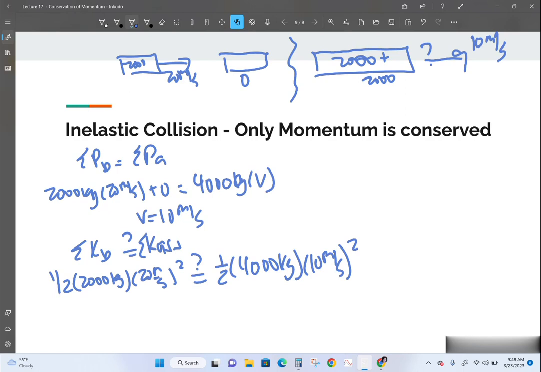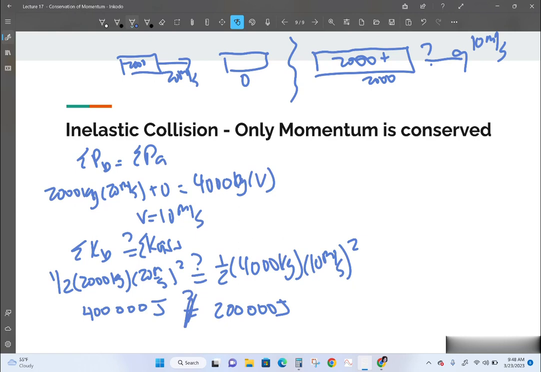If I do my math here, this is going to be 1,000 times 400, so 400,000 joules. And we want to know if that's equal on the other side. Is this going to be 2,000 times 100, or 200,000 joules? No, it's inelastic.